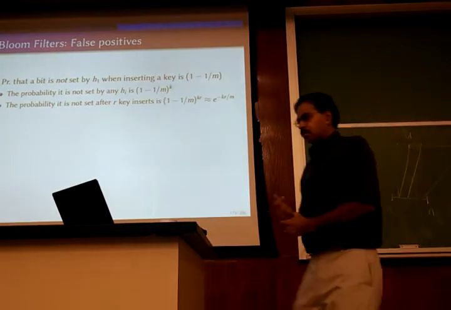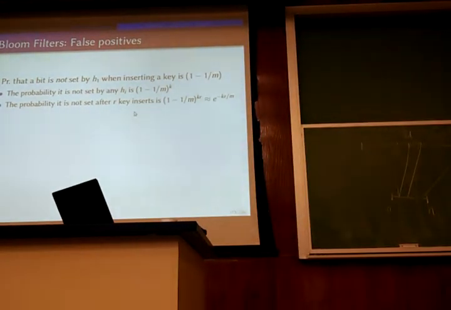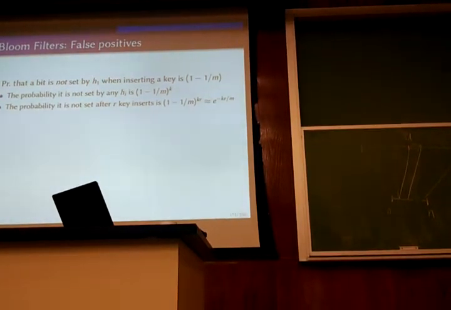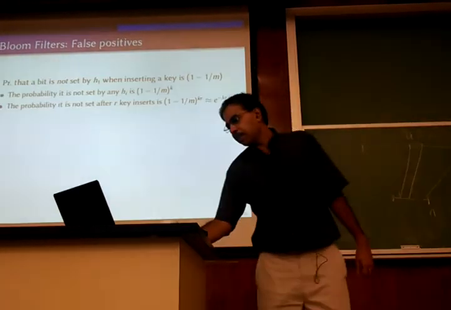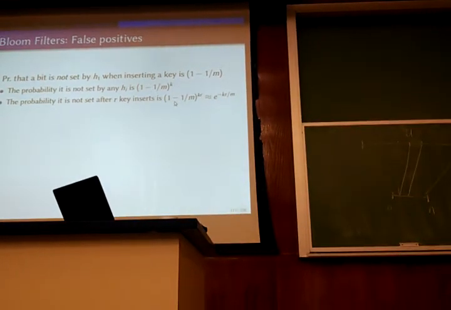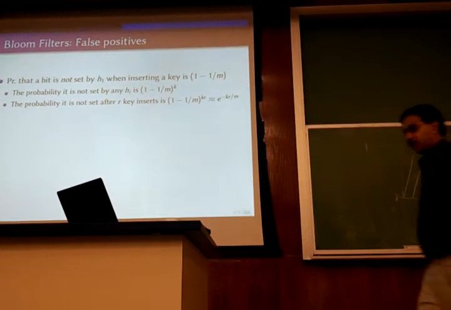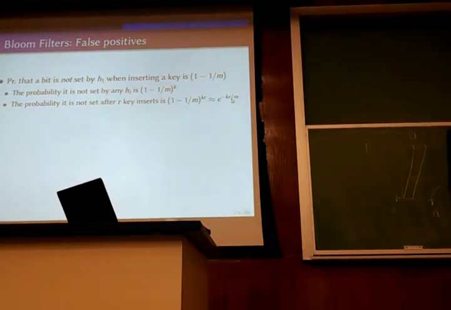Now if you're inserting not just one key, but r keys, then you have kr attempts, and each of the kr attempts hasn't touched this cell. That probability is (1 minus 1 by m) to the power kr. And we know that this (1 minus 1 by m) to the power of something has a relationship to e, and the particular relationship is this one: e to the power minus kr by m.